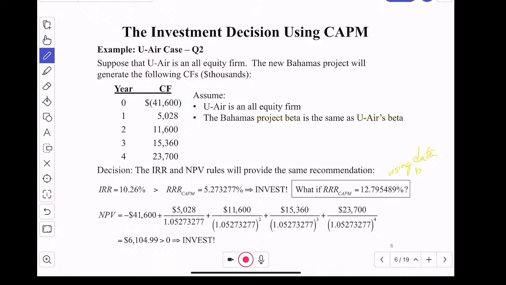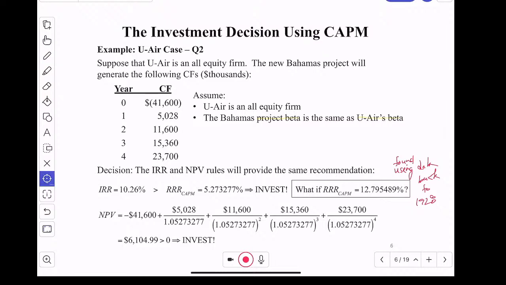You can't see that, can you? Let me make it. We would have rejected the project if we used this CAPM.